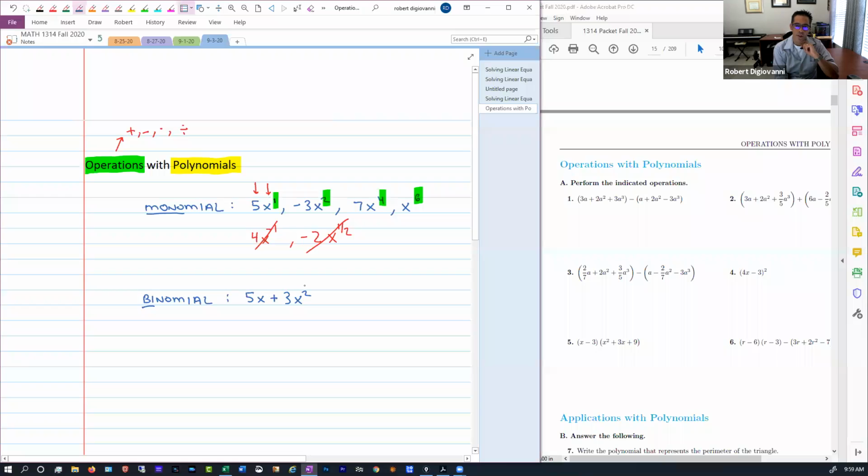That is a binomial. It's 2 monomials added together. How about negative 4x squared minus 8x? That is a binomial. It's 2 monomials subtracted. Do y'all see that? So this is adding or subtracting two monomials.